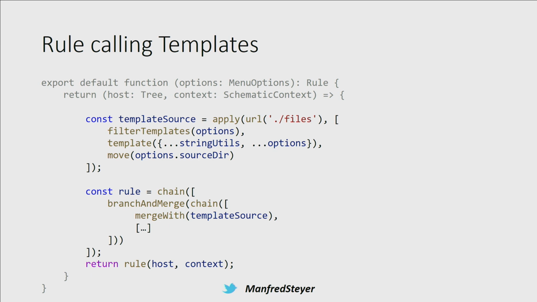At the end of the day, this is just branching my tree within the main memory, like you would branch a Git project. Then everything is written into this branch. My template source with all the executed templates is written into this branch, and then everything is merged back to the tree object. And at the end of the day, my tree is written to the hard disk.